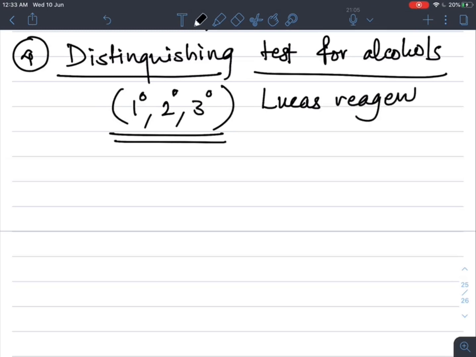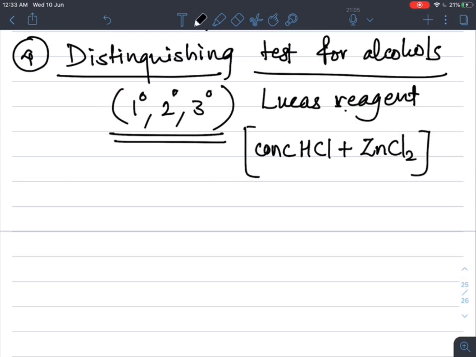The Lucas reagent is used to identify whether the alcohol is primary, secondary or tertiary. So what is this Lucas reagent? Lucas reagent is the mixture of concentrated HCl plus ZnCl2, zinc chloride, and this mixture is called a Lucas reagent.